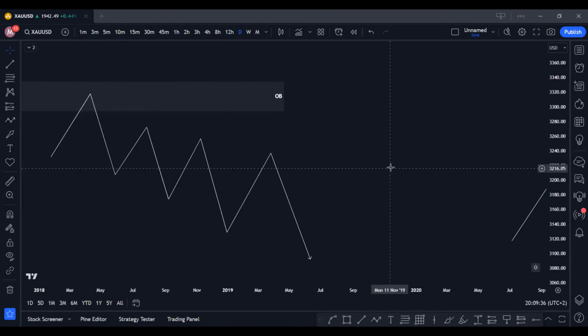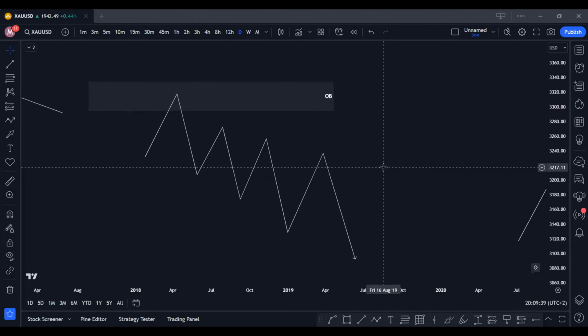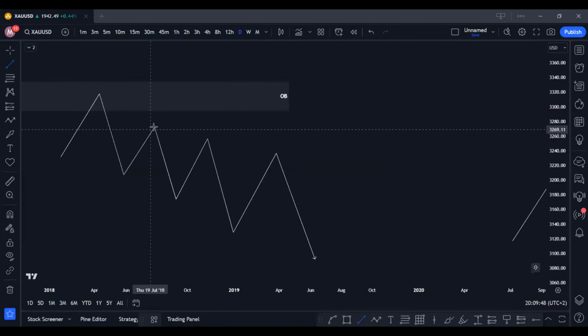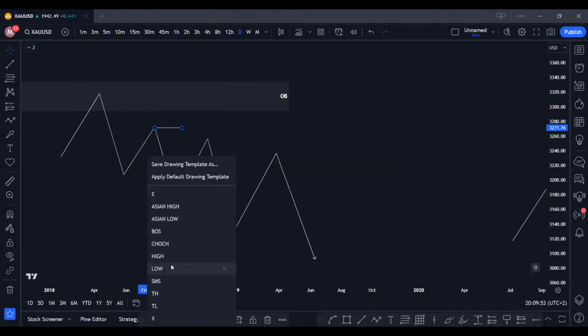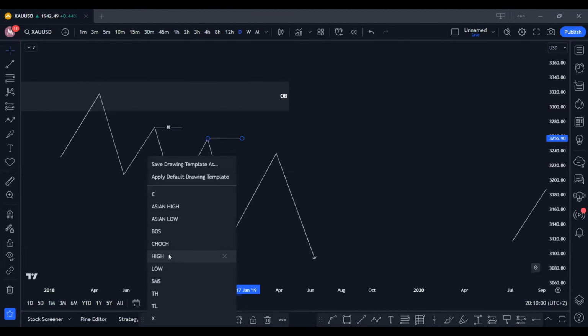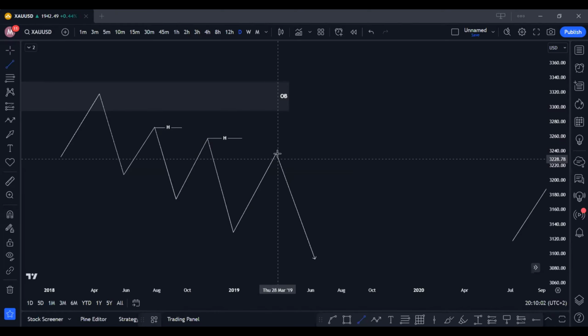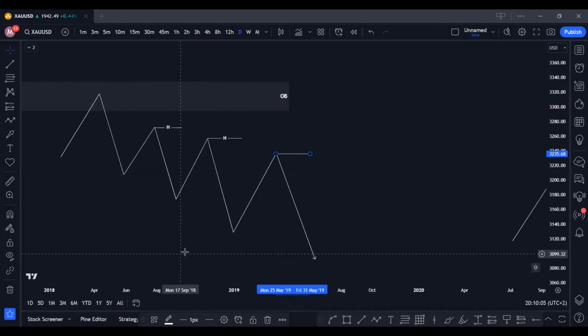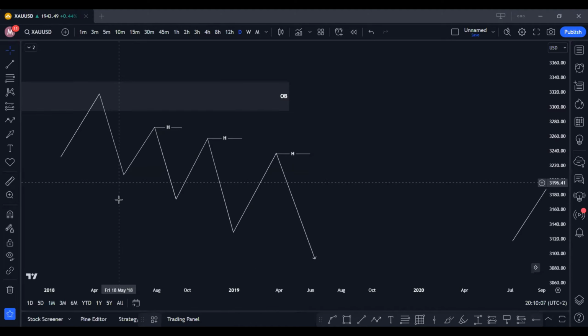Obviously we're in a bearish trend, and we're looking for selling opportunities. You're going to look for your selling opportunities at your lower high, which has to be respected, and your lower lows, which have to be violated every time.